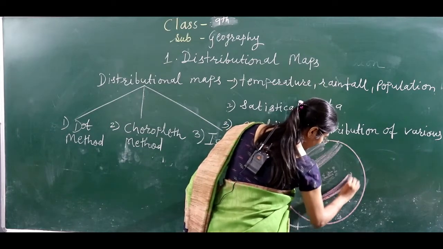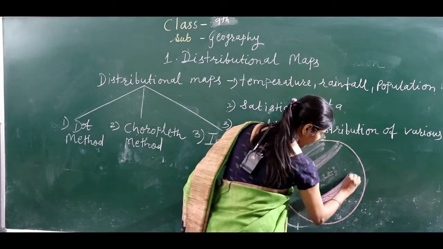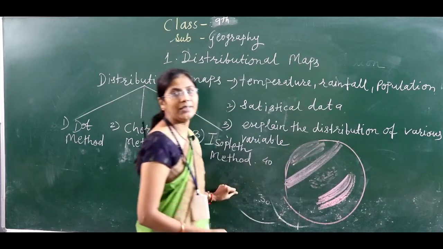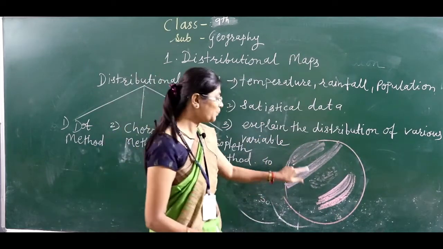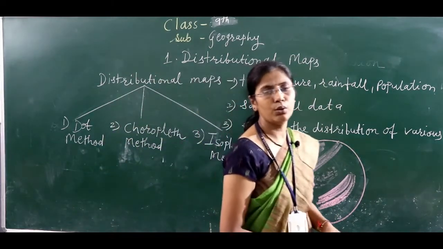So light to dark shades, or dark to light shades, are used in a choropleth map.